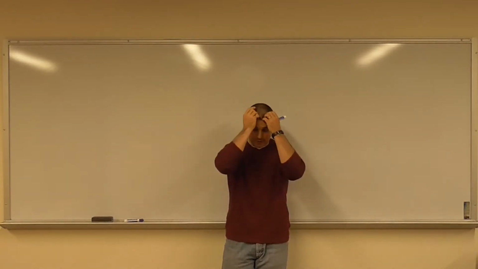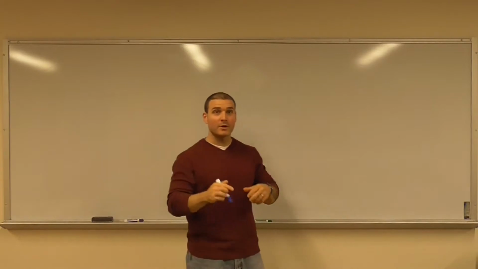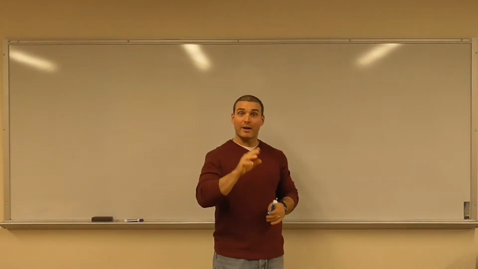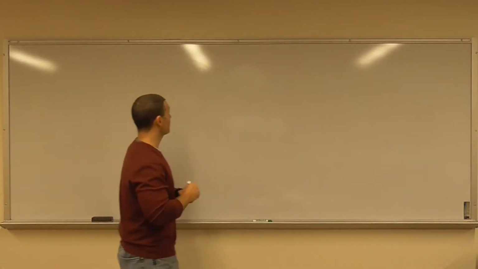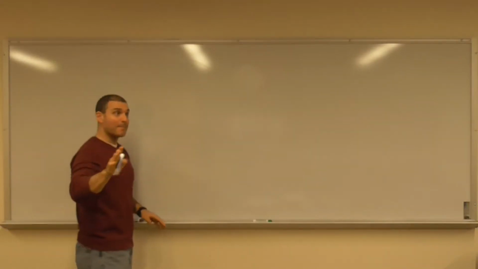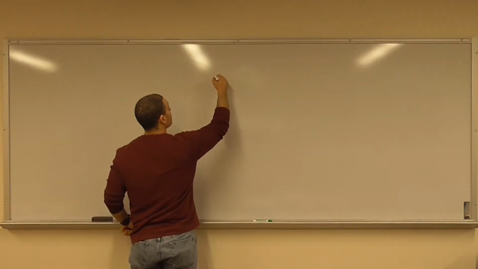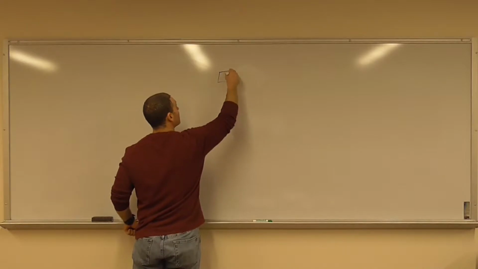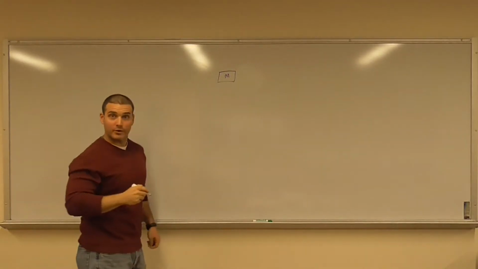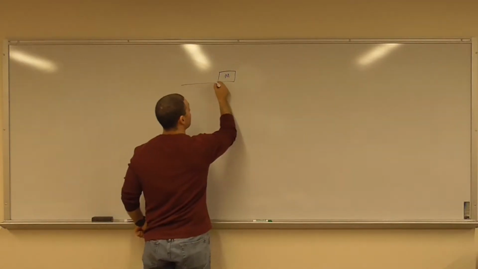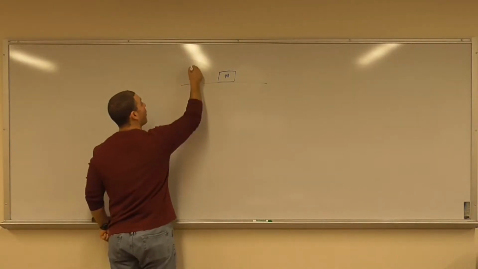So when I think about springs, the first thing I think about is a couple of different positions, in fact 3 positions. Let's put a mass on a frictionless surface, and then put a wall here.